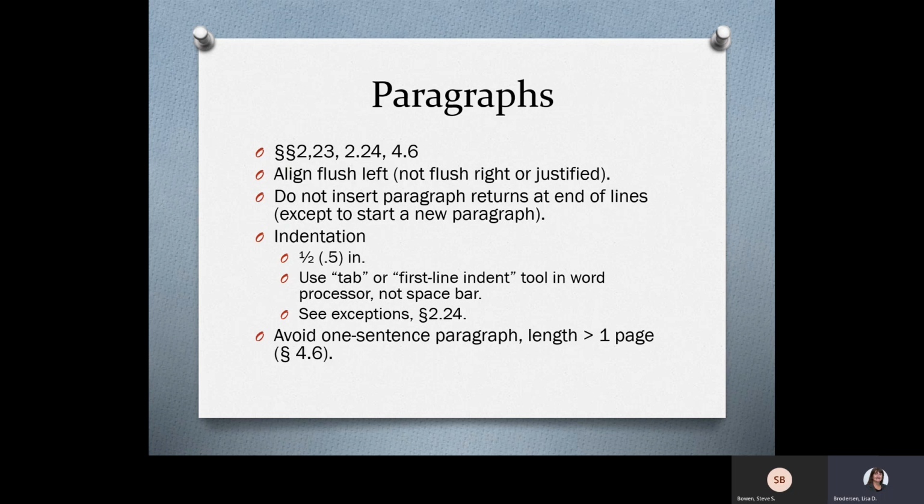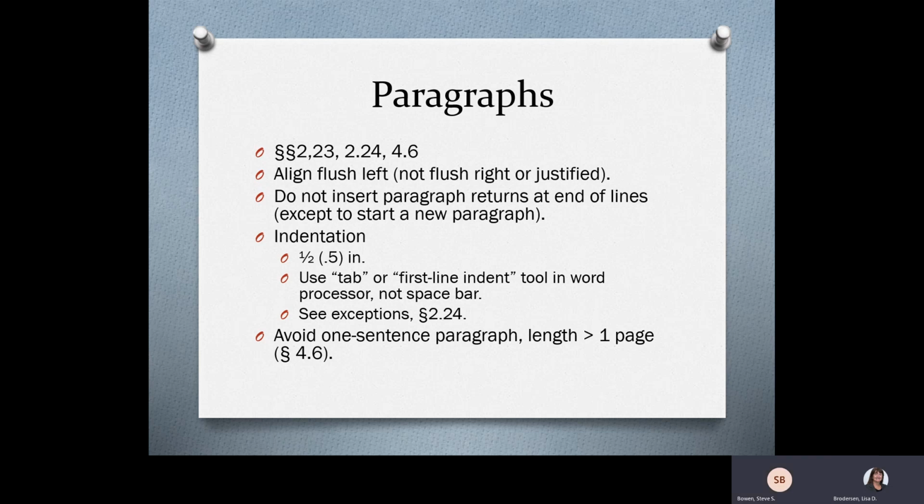Okay, so then paragraphs. A paragraph should always be aligned flush left, not flush right or justified. And I'm going to show you more of what I mean about that when I do the paper setup demo. And you should not insert paragraph returns at the end of lines, except if you're going to start a new paragraph. And maybe that doesn't mean anything to you folks because you're too young to remember a typewriter.